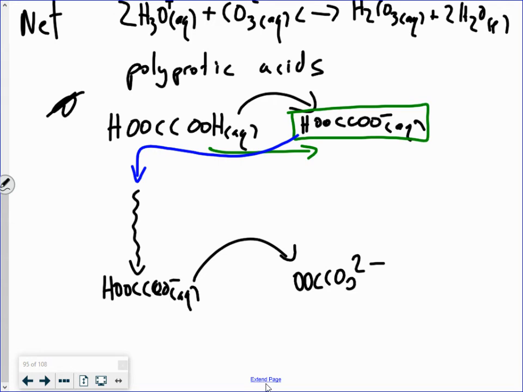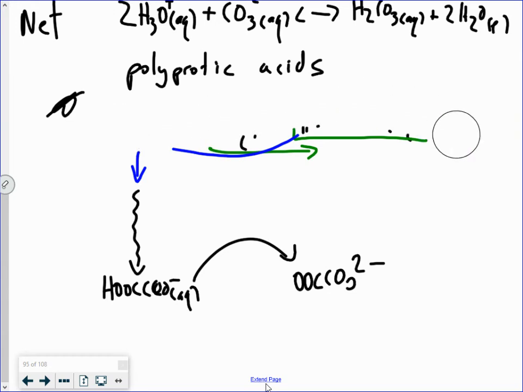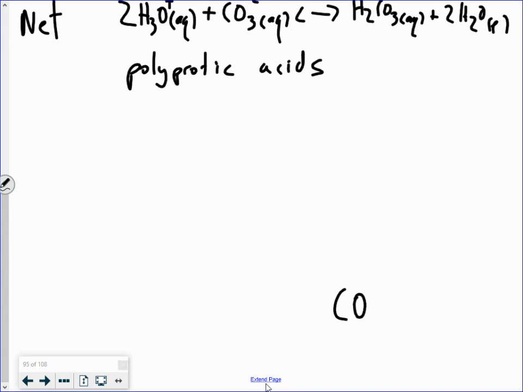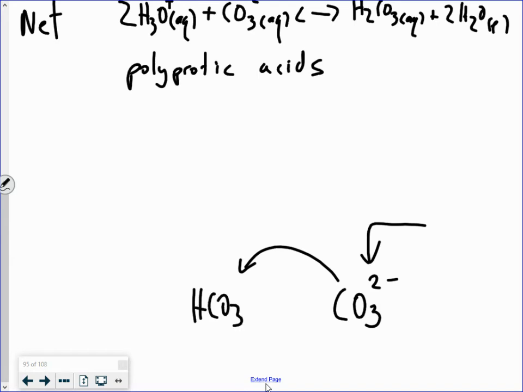There's evidence on the table that it could give away more than 1 hydrogen. The same is true for a substance that's polybasic. Polybasic substances are a little bit trickier. Usually, they're like this example. They've got a metal attached, so you have to get rid of the metal. The carbonate ion is a good example. The carbonate ion is 2 negative, so that gives me a hint that it could possibly take 2 hydrogens. So we follow it back. We say, okay, can it gain a hydrogen?